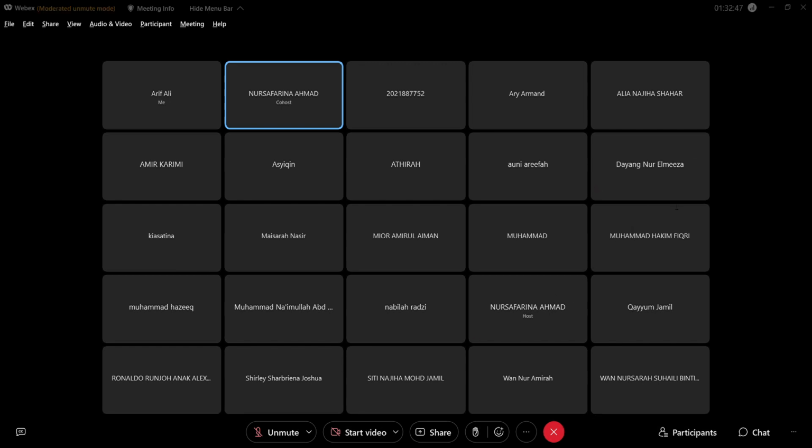Alright. So minggu depan adalah cuti raya. Nak kata midterm pun tak, cuti khas lah kot. Okay, cuti seminggu and then kita akan datang balik. Pastikan hari Isnin tu ada.